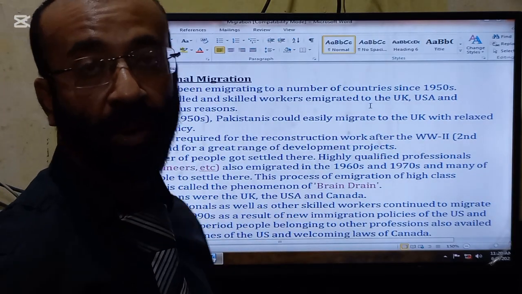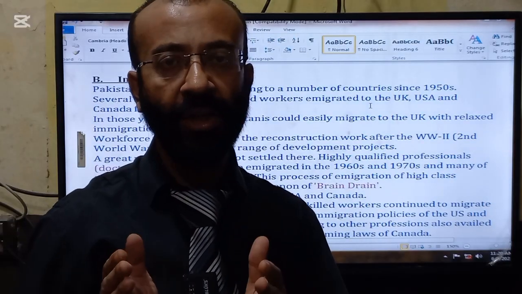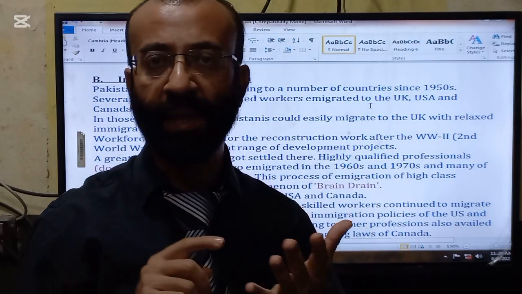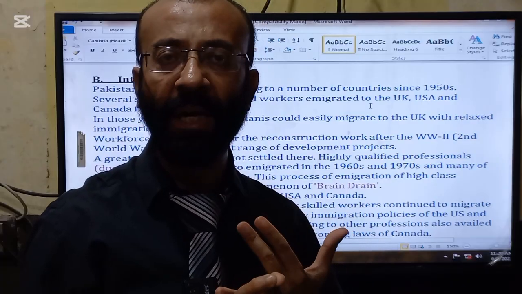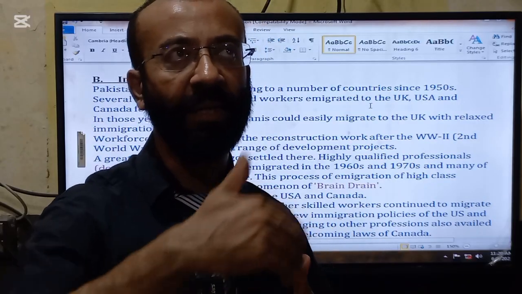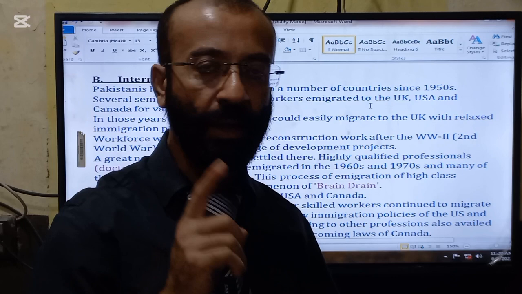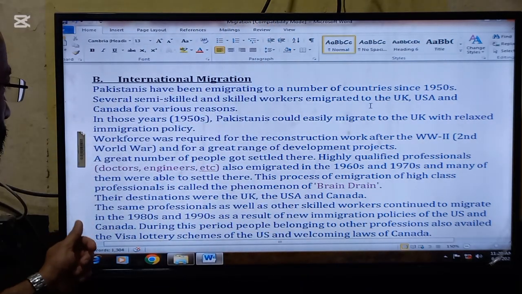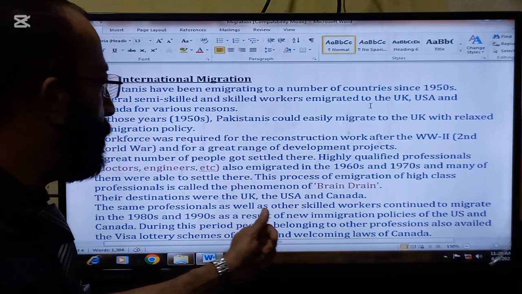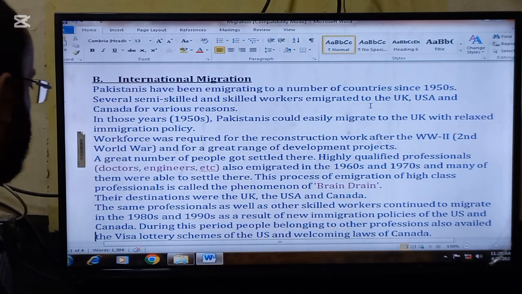So this is a very important phenomenon. Emigration of highly skilled workers, for example engineers, doctors, teachers, IT professionals, going from Pakistan to other countries is called brain drain. Their destinations were the UK, the USA and Canada.